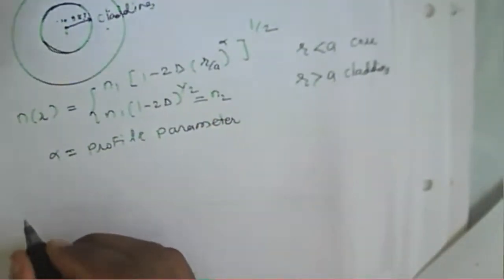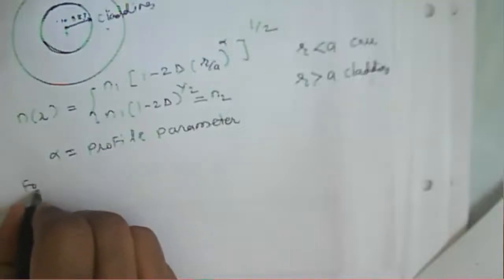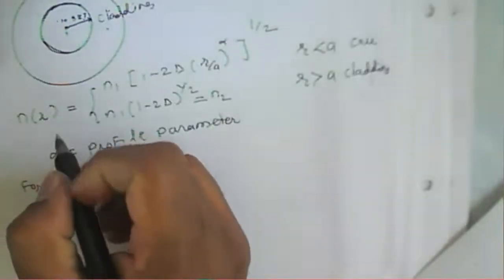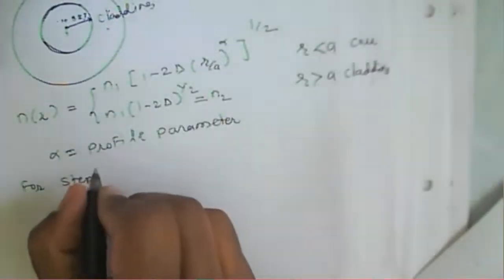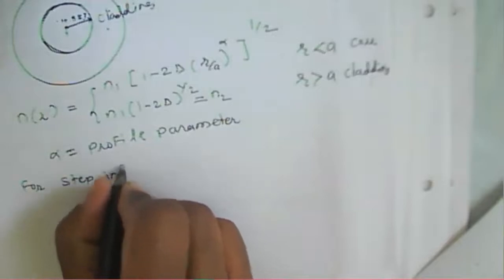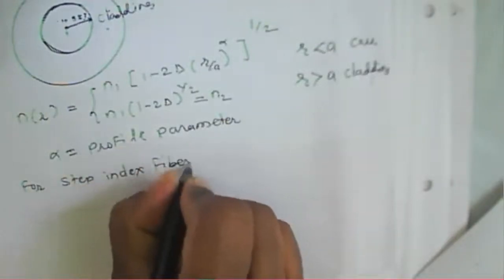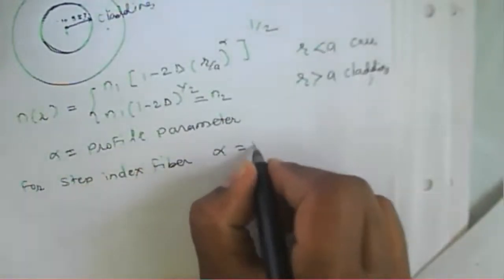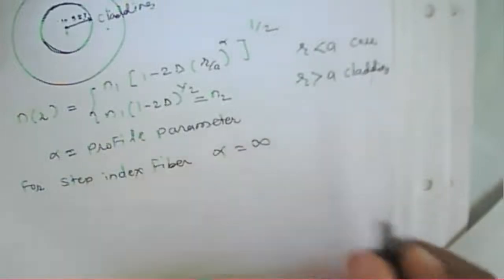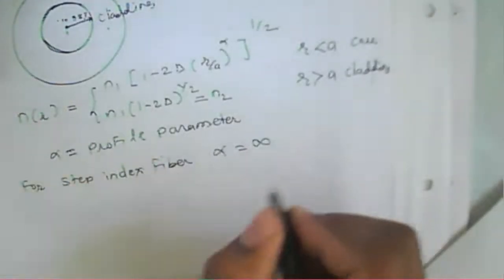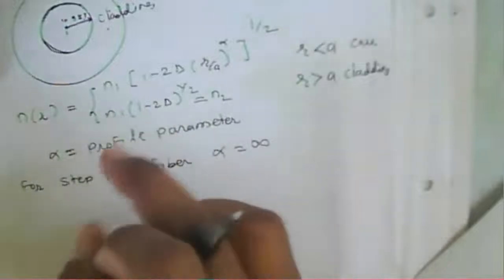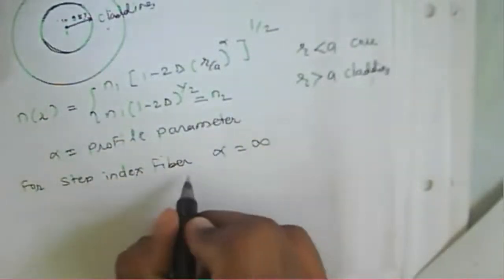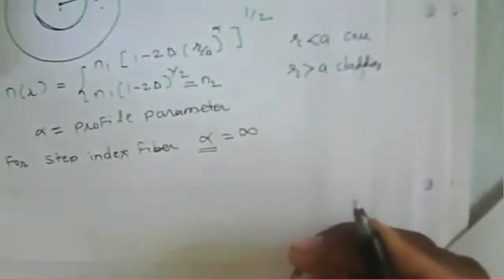Now, if you use this graded index fiber as a step index fiber, consider that for a step index fiber, alpha is infinite. There is a constant value of the refractive index, which is why for a step index fiber we say it has a constant core. So alpha is infinite.